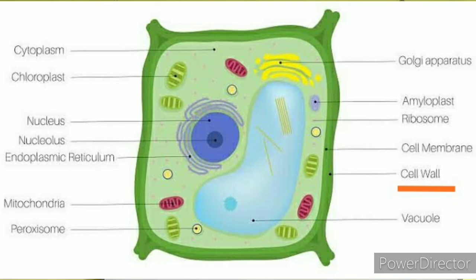The cell wall is an outer wall surrounding the cell membrane, as you can see in the diagram. The cell wall is made of stiff material called cellulose. The cell wall in plants provides protection against temperature variations, high wind speed, and atmospheric moisture.